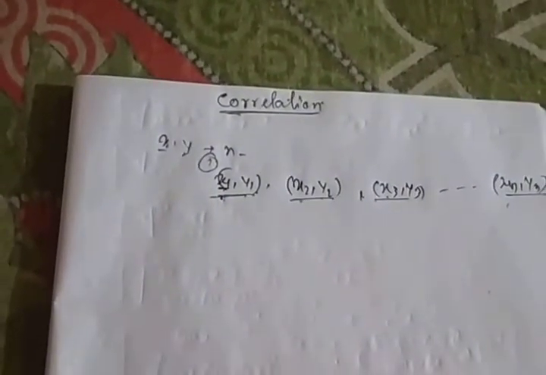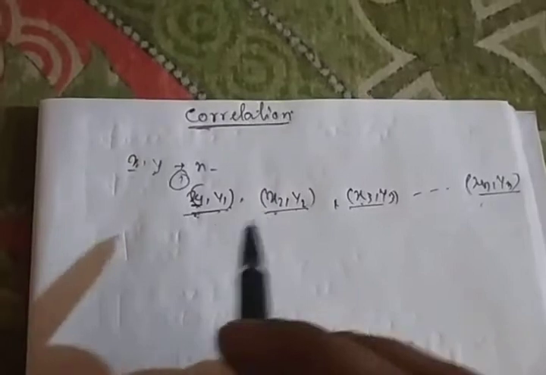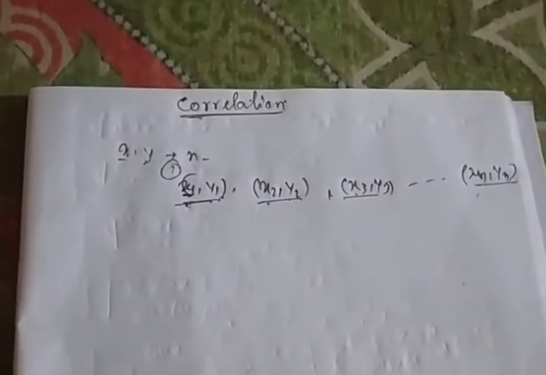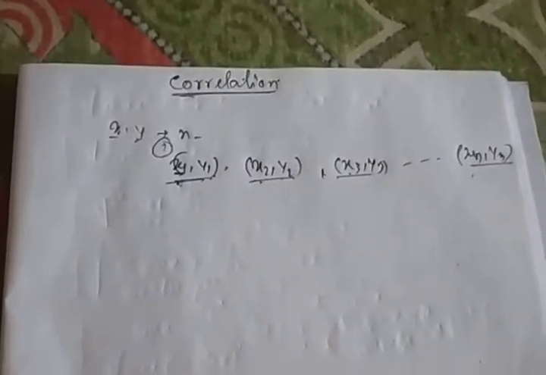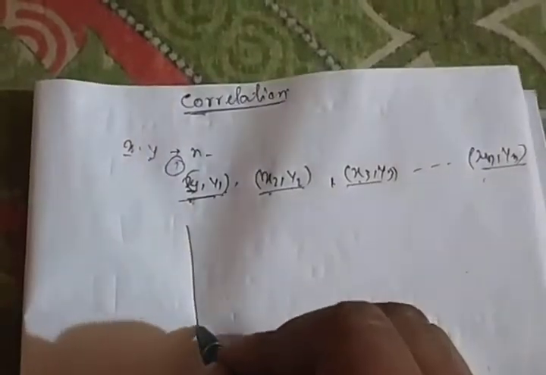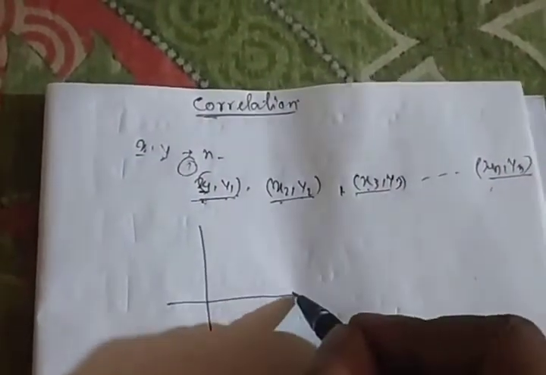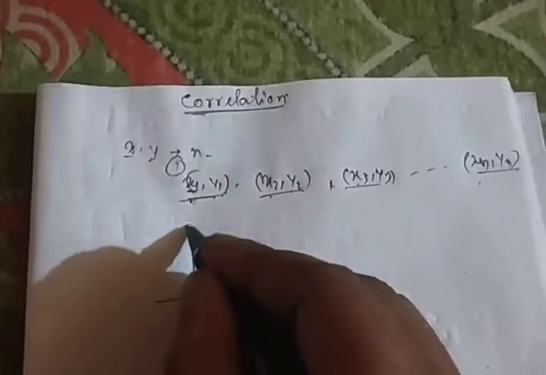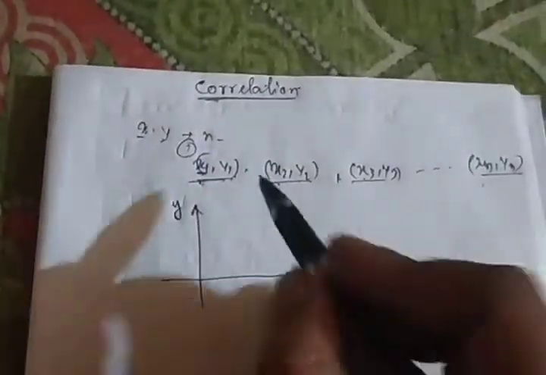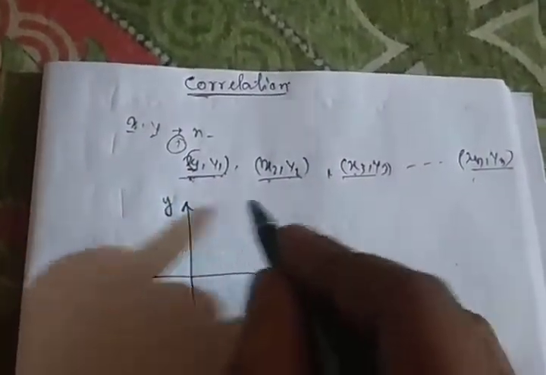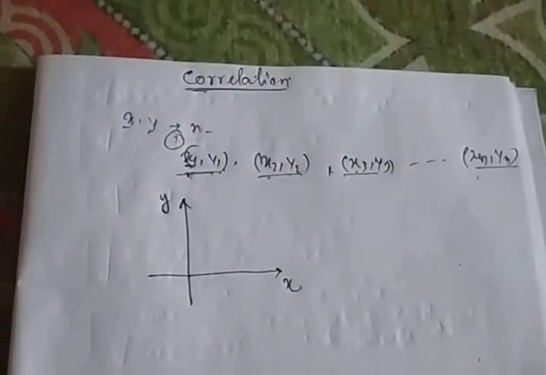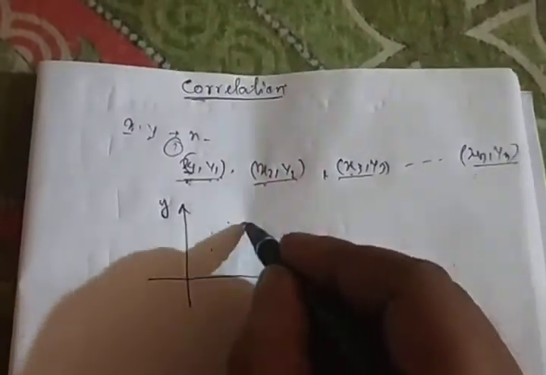Now we can also observe this by putting it in a graphical method. Graphical method means we select two axes, the first axis for the variable x and the second axis for the variable y. Putting the points x1, y1 in the following diagram, we will get some dots.